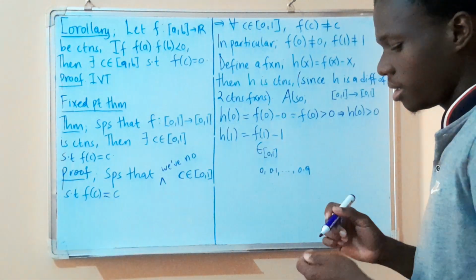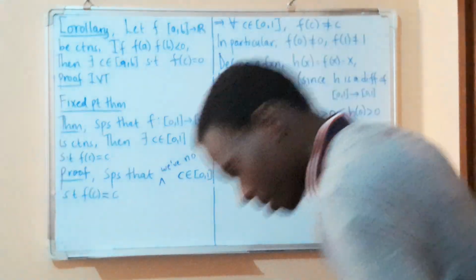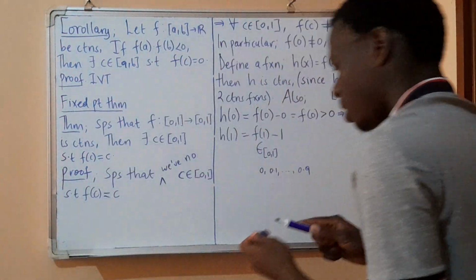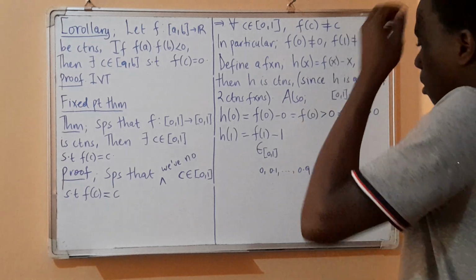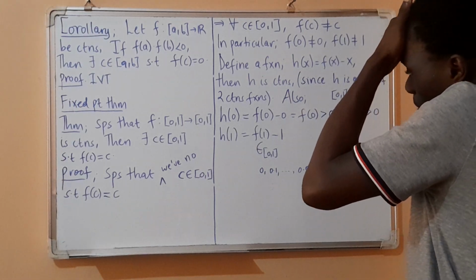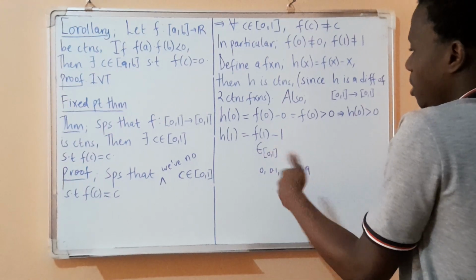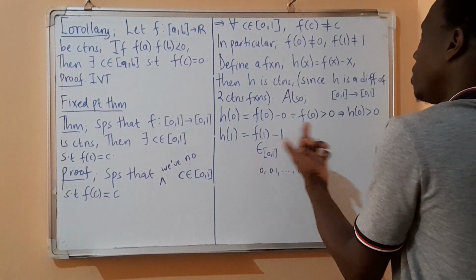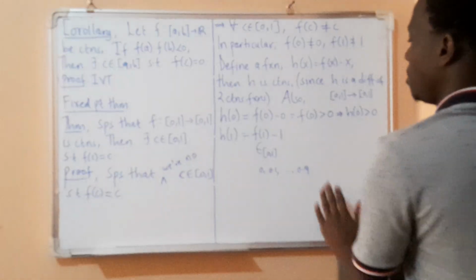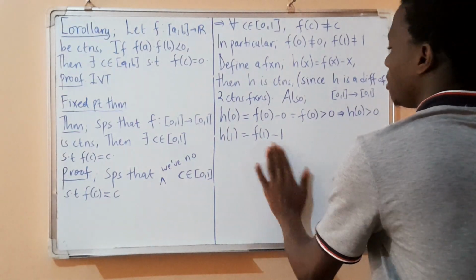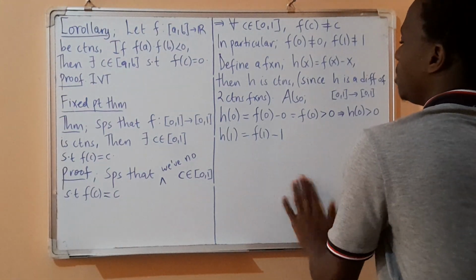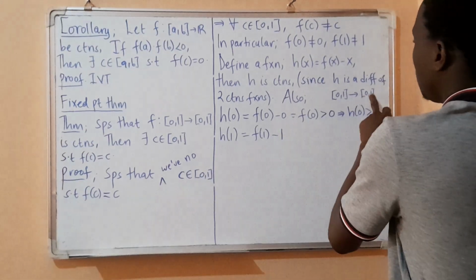So if f of 1 is taking these values, if you pick any arbitrary value minus 1, we shall get something which is negative, if f of 1 lies within this interval.